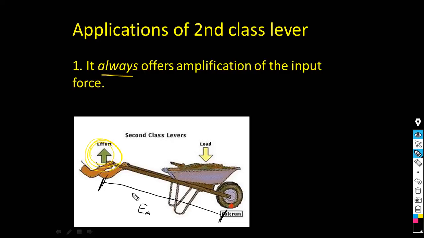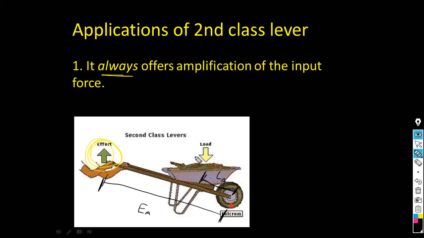So since the effort arm is always greater than the load arm, which is this little bit, for second class lever, you will always have that the effort arm is greater than the load arm. Why? Because the load has to be placed somewhere in here. So it doesn't matter where you place it, it's always going to be less than the effort arm.